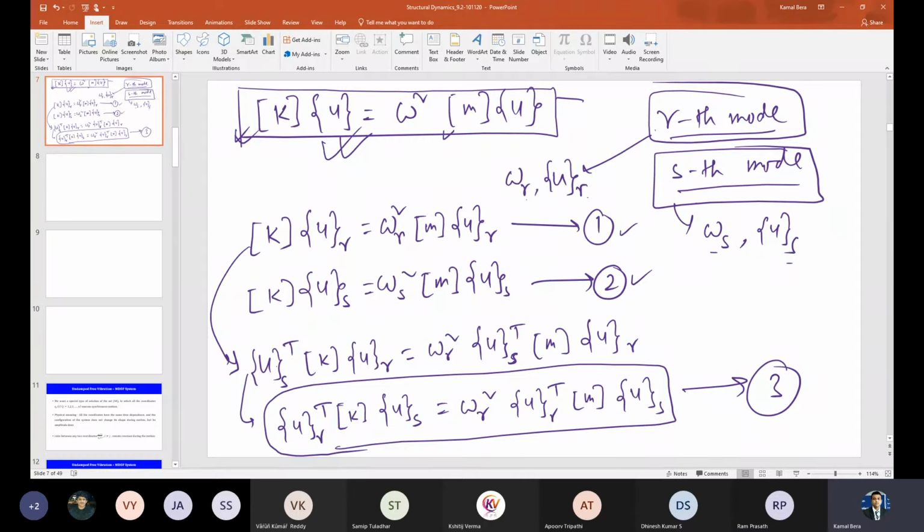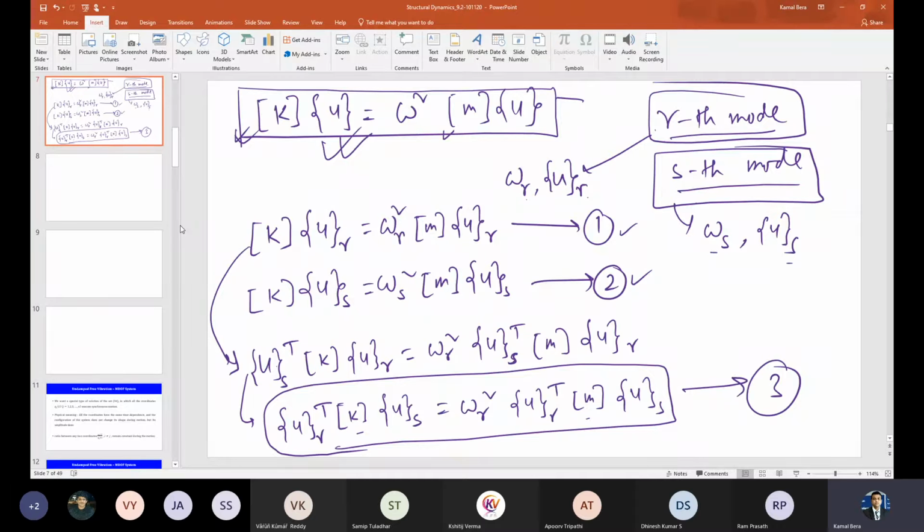Now I am pre-multiplying equation 1 by us transpose and then taking transpose of the whole equation, so that I am getting like this. Remember that k and m are the symmetric stiffness and mass matrices. Now pre-multiply equation 2 by UR transpose and tell me what you are getting.